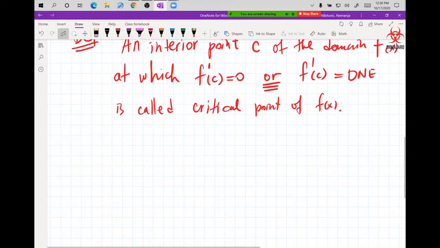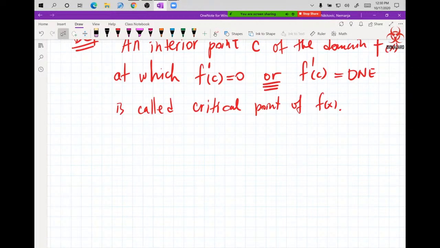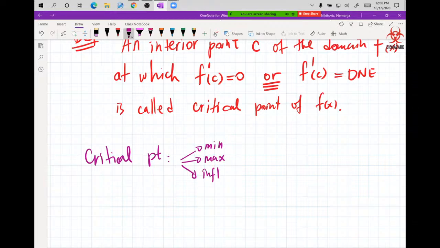So I'm going to first start, and another part here is that a critical point turns into a minimum, turns into a maximum, turns into an inflection point. More of that later in a chapter.